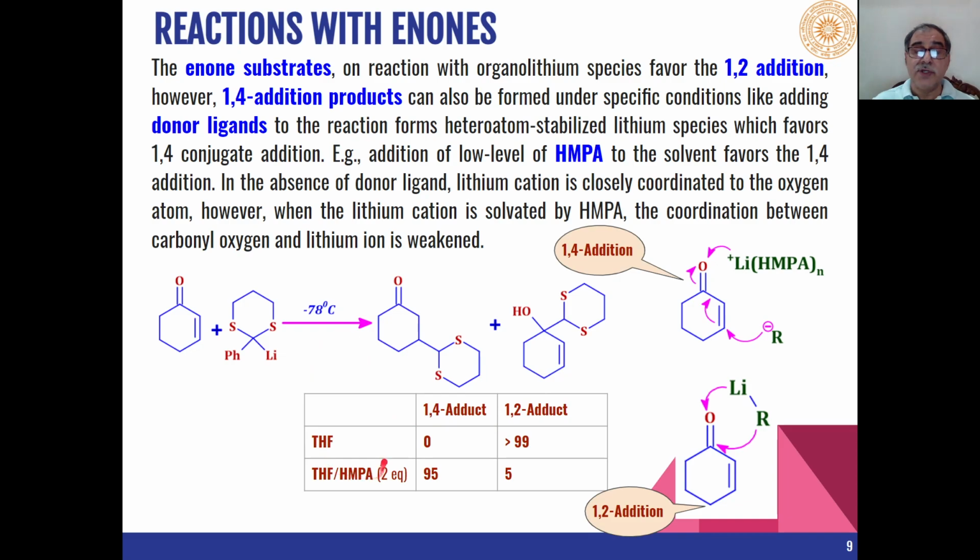If we are using tetrahydrofuran only, then the 1,2 addition product is formed in more than 99%. But if in addition we add hexamethylphosphoramide, HMPA, two equivalents of this in THF, then 95% of the 1,4 product is formed.